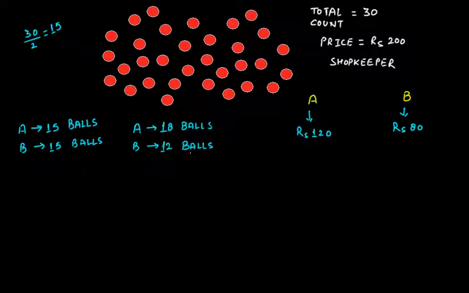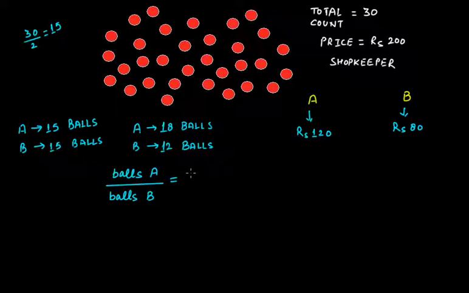B asks, can you explain how you have come to this distribution? A says, okay, what is the ratio of this distribution of balls, that is, balls given to A and the balls that B has?